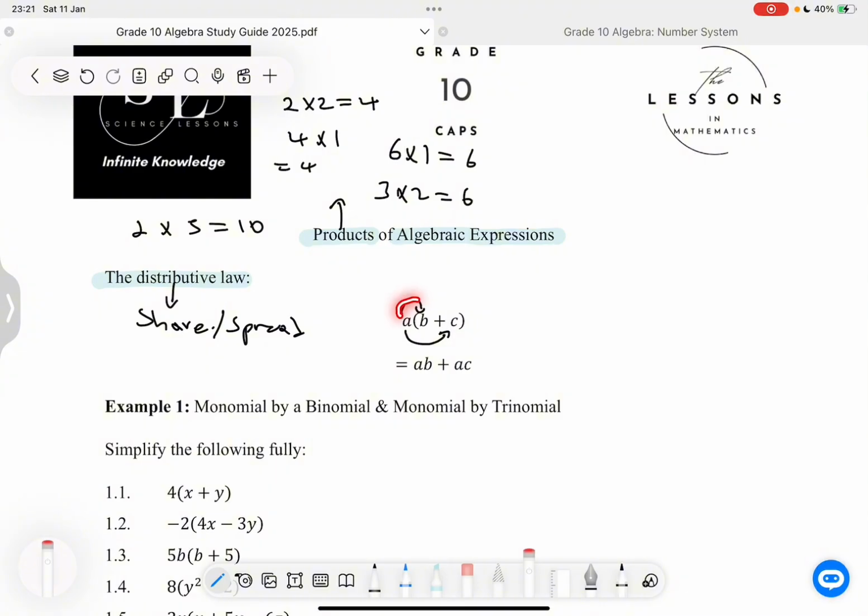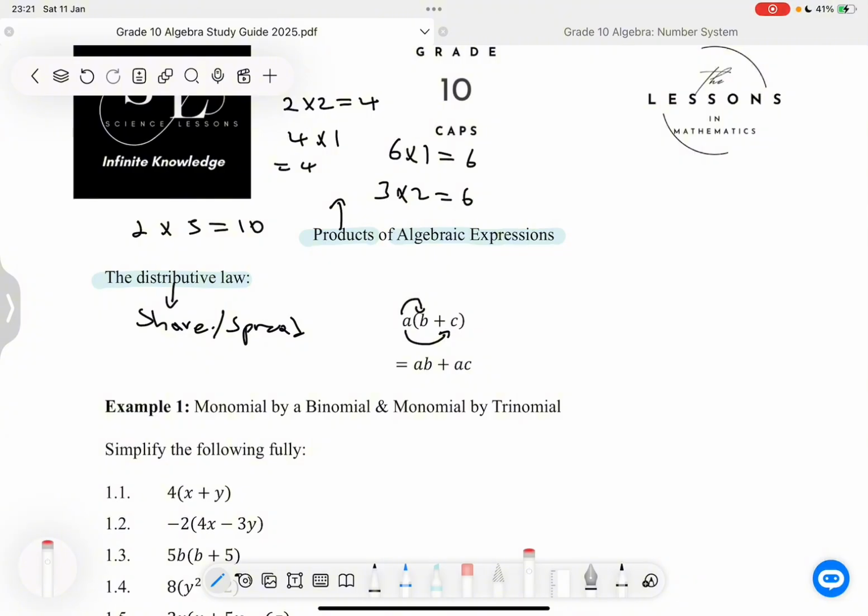So now we're sharing this A with B and we're also sharing it with C. Obviously, brackets means multiplication. If we say A times B, we're simply going to get AB. Then if we say A times C, we're simply going to get AC. That is the rule that we are going to use.